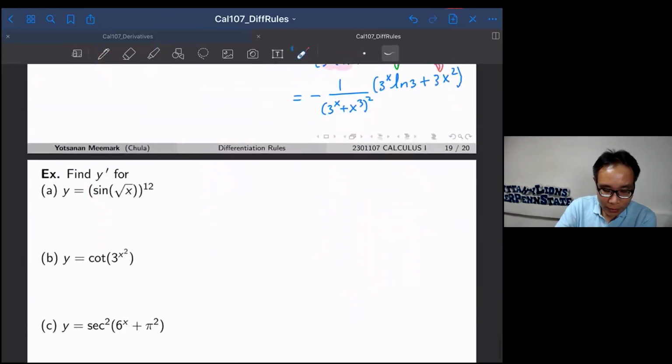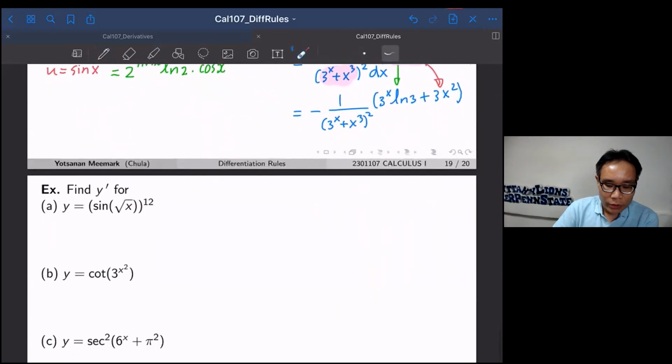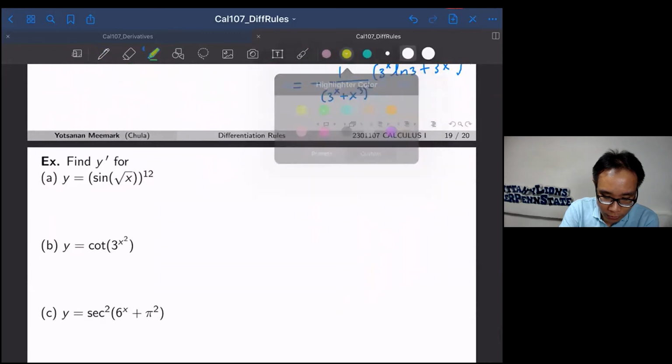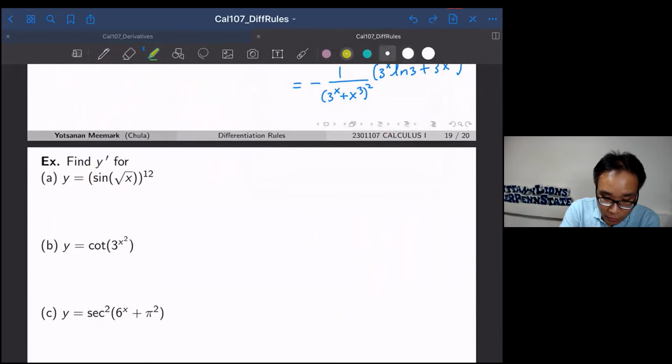Last one is going to be chain rule. However, we have the inside kind of more complicated. So you see that you're going to have the function inside, outside. The outside one turned out to be the power function, the 12, and the inside one turned out to be sine x, and you have another inside one which is root x.